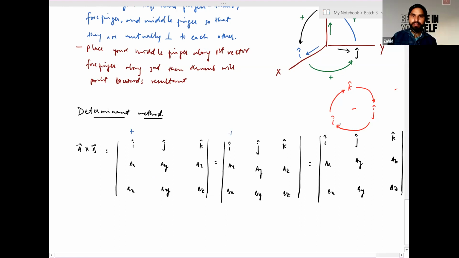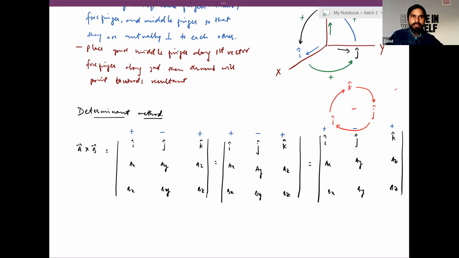Similarly, the second J is at first row and second column, so 1 plus 2 is 3, which is odd, so we put negative. The third K is in first row and third column, 1 plus 3 is 4, which is again even, so it will be plus, minus, plus. This is how we assign the signs of I, j, and k.